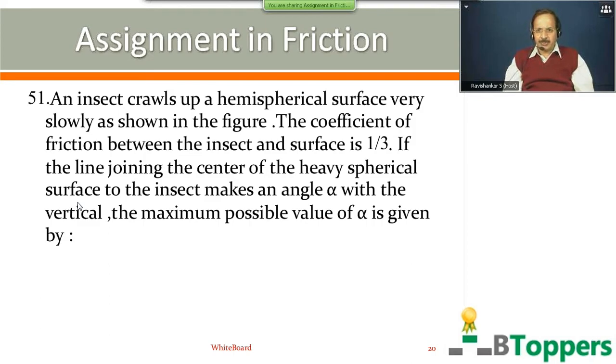An insect crawls up a hemispherical surface very slowly, as shown in the figure. The coefficient of friction between the insect and the surface is 1/3. The line joining the center of the spherical surface to the insect makes an angle alpha with the vertical.